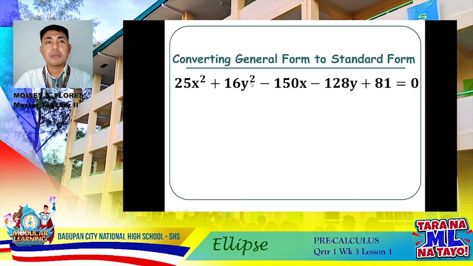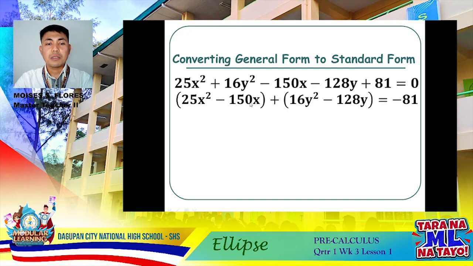Meaning, with respect to x, we group them: 25x squared and negative 150x. The same is true with y. We also group 16y squared and negative 128y. And of course, our constant is to be written on the other side. That's the very first step.